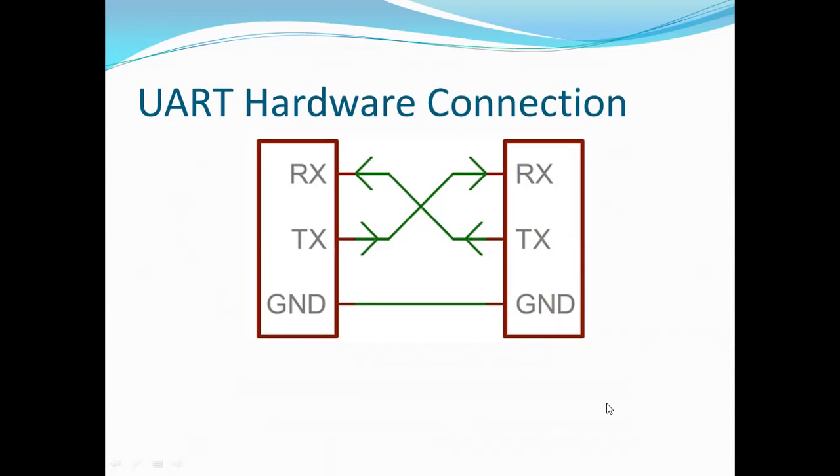This is how two devices communicate with each other. If devices A and B are communicating, device A's receiver is connected with device B's transmitter, and device A's transmitter is connected with device B's receiver.